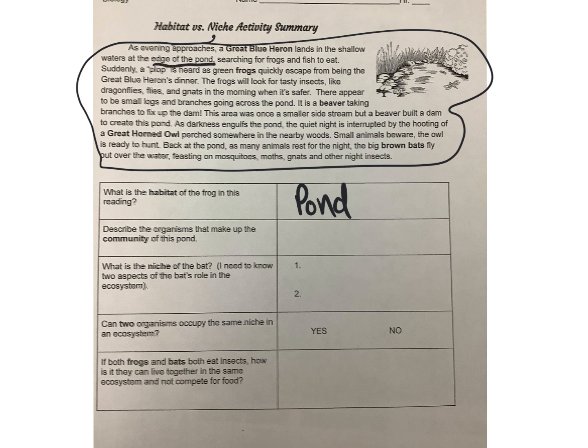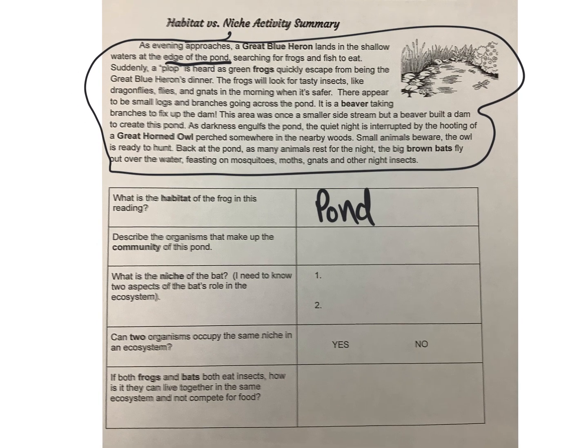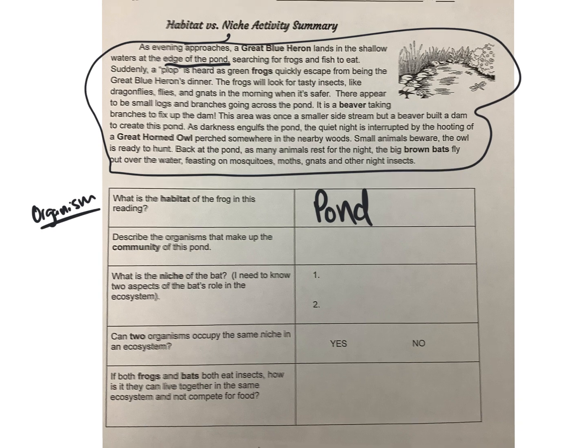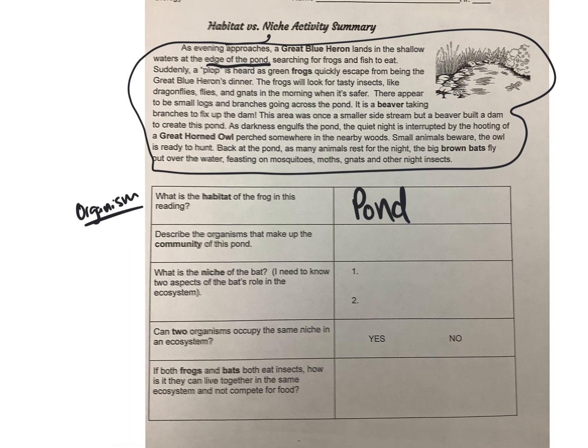Describe the organisms that make up the community. An individual organism is called an individual or just an organism. If we have a lot of one organism, let's say a lot of ducks, then we would have a population.